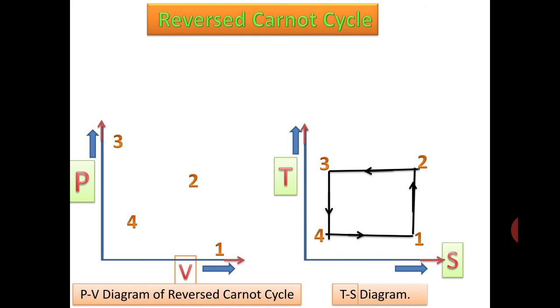For example, in this case you can see that 1 2 is the first process and point 1 is the initial state or condition of the first process 1 2, and 4 1 is the last process. Again point 1 is the final condition of the last process 4 1. So this is nothing but a cycle.